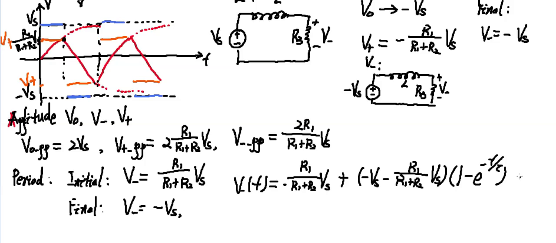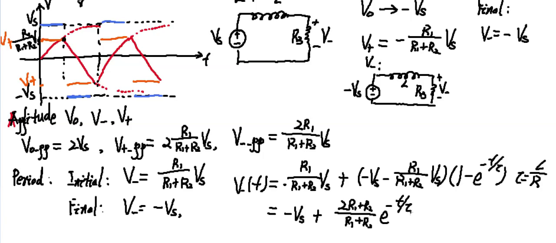Of course, here tau is the RL circuit time constant, which is equal to L over R. You can simplify and rearrange this expression. You get minus Vs plus 2R1 plus R2 divided by R1 plus R2 times e to the minus t over tau. So this is the expression for the time dependence of V minus within this period.